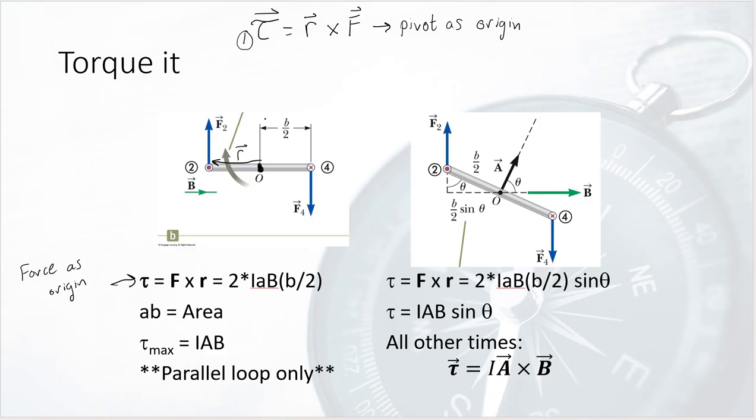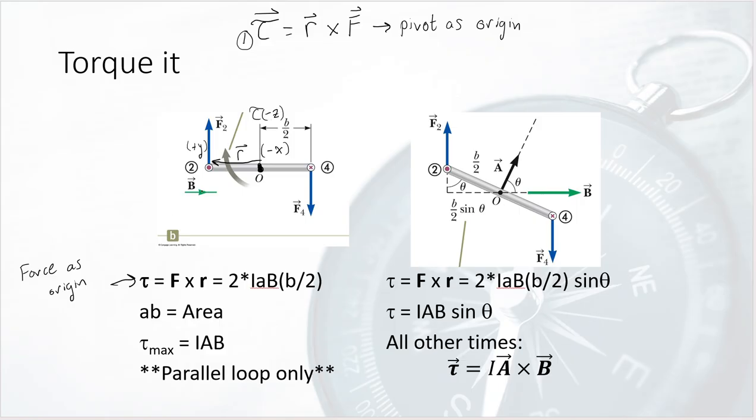So when we take the cross product of this, we would say that this has a direction of negative x, this has direction of positive y, therefore the end result of the torque would be in negative z. And so that all accords and makes sense.